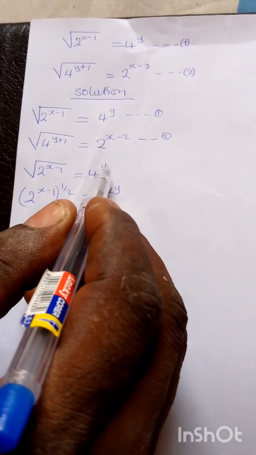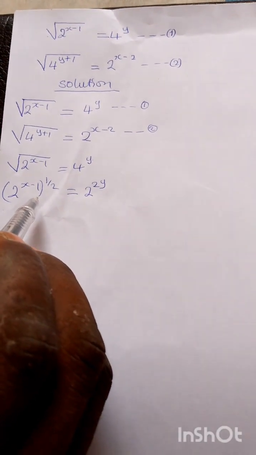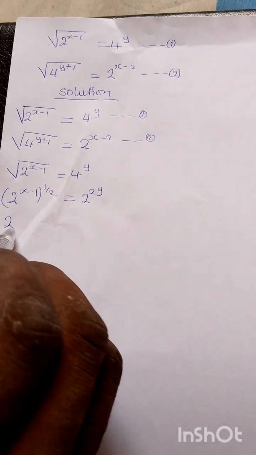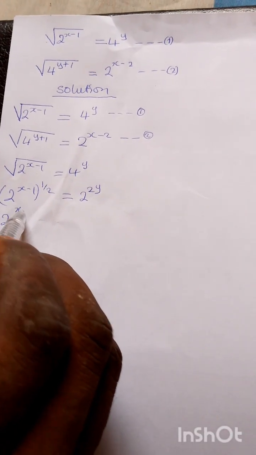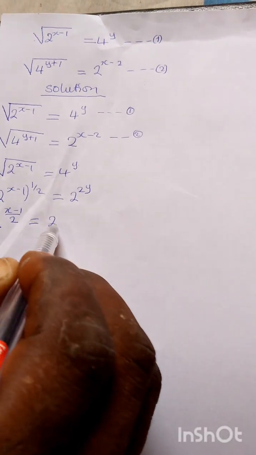When this power multiplies this power, it becomes 2y. And this one power also can multiply this power, so that we have 2 raised to the power of x minus 1 all over 2 is equal to 2 raised to the power of 2y. Now since they have the same base, we can equate the power.